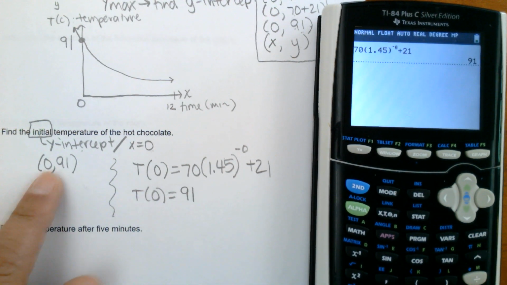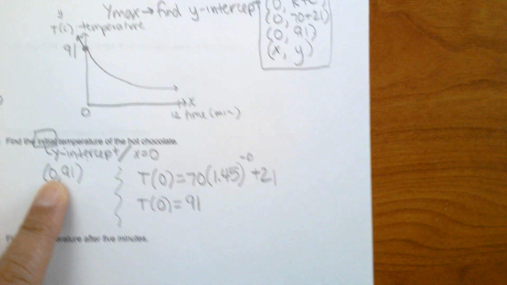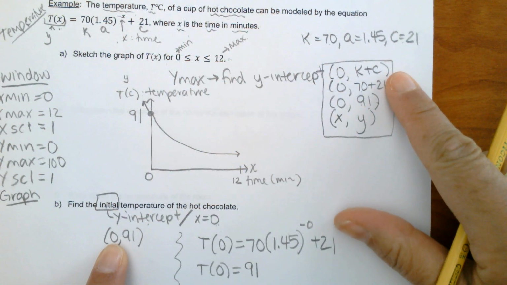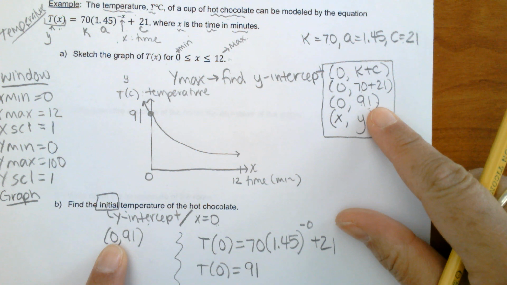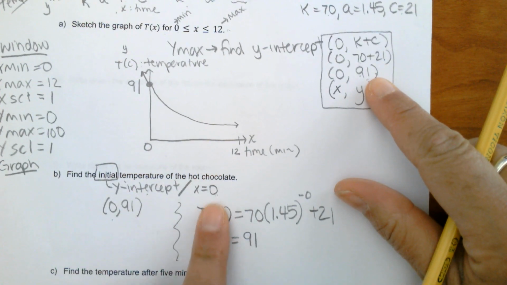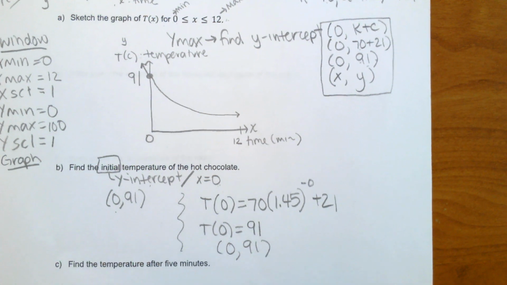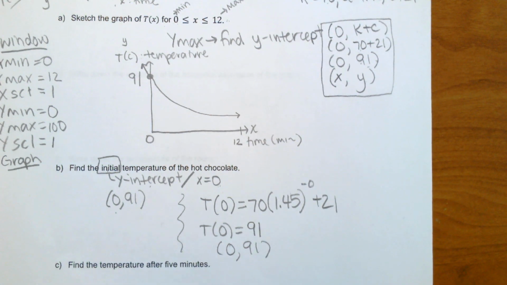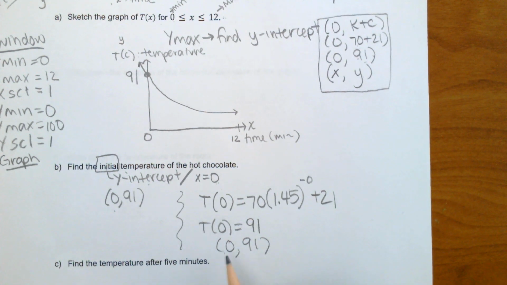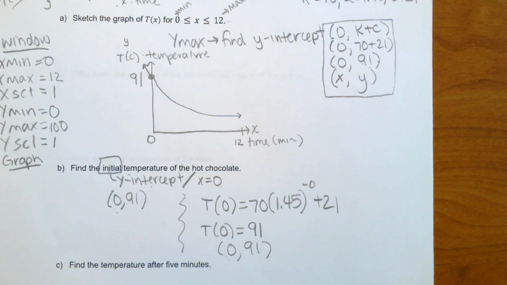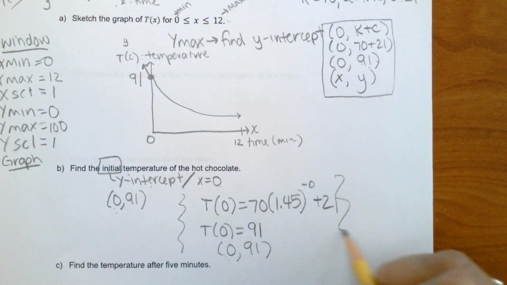And so we were able to find it either using the actual formula and adding k and c together to get 0, 91, or substituting 0 in, and we see we get 0, 91. So either way, I also need you to write it as a point. I need this 0 here so that you understand that this is the y-intercept. Then we can make a complete sentence.